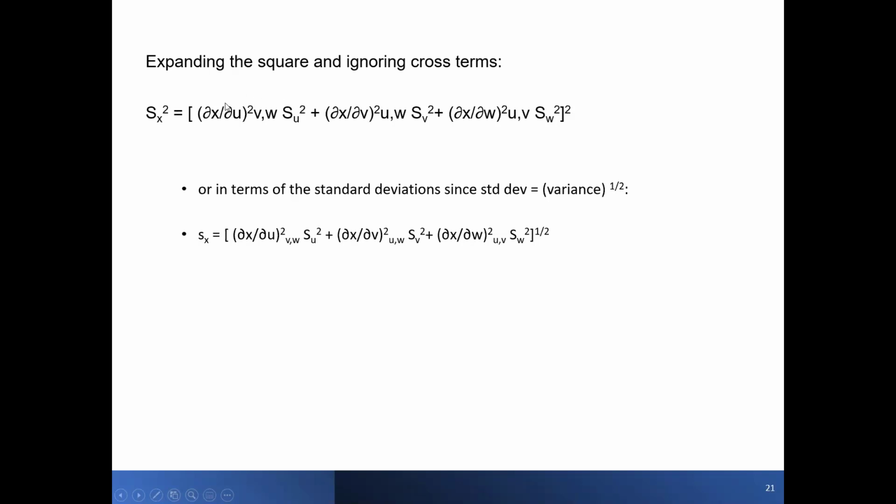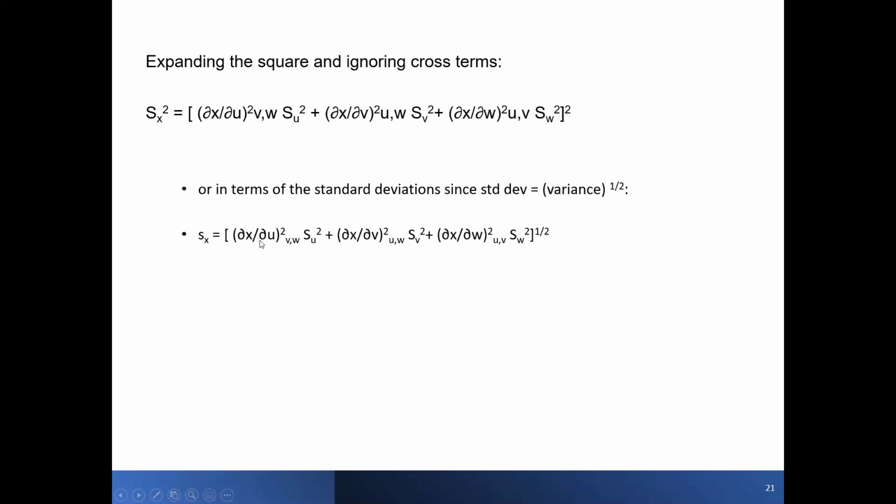Basically, the partial differential of u times the standard deviation of u, and the partial differential of v holding u, w constant times the standard deviation of v, and the partial differential of w holding u and v constant times the standard deviation of w, squared, and take the square of all that.